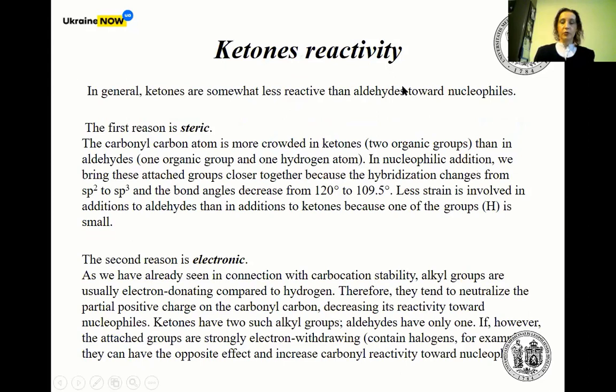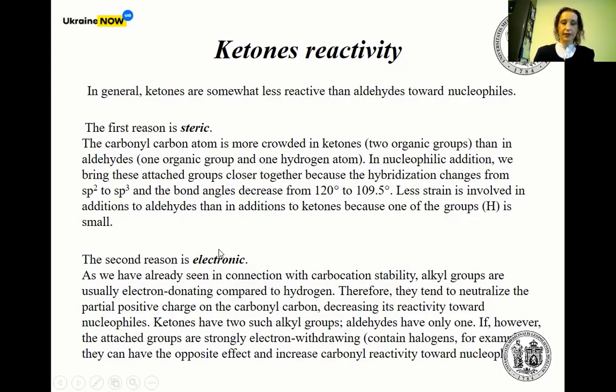If we talk about the reactivity of ketones, we can say that they are less reactive, and there are two reasons. The first reason is steric. It means that we have more groups around the carbon atom that is the goal for nucleophile attack.